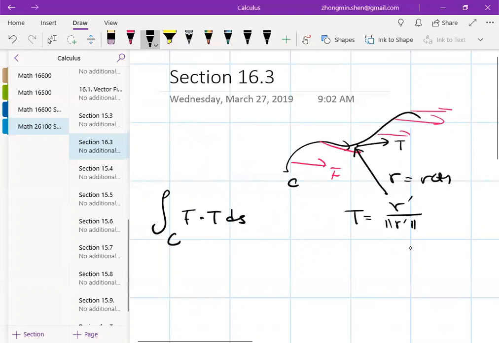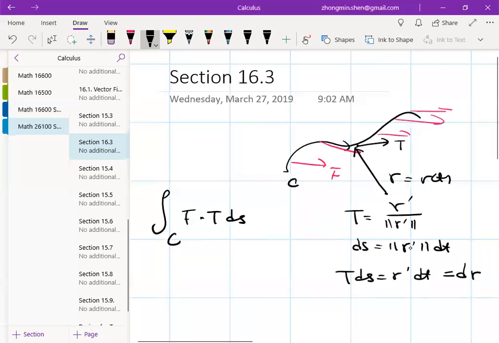So it's a unit vector. So T ds is going to be this. When you multiply them out, the length is canceled out. So this is also simply denoted by dr.